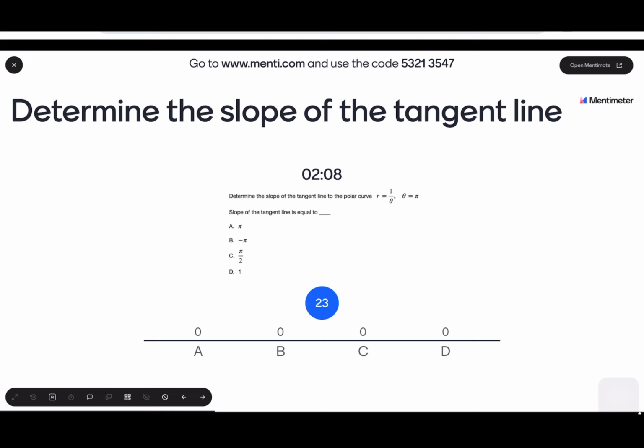Careful, careful. Remember, the slope means that you are going to compute dy/dx, right?